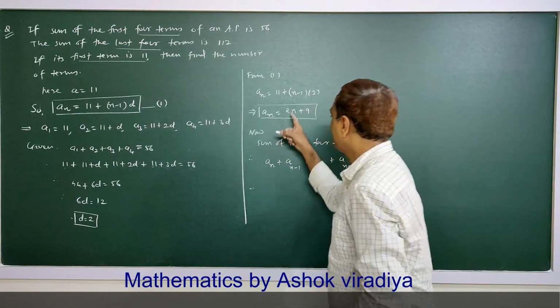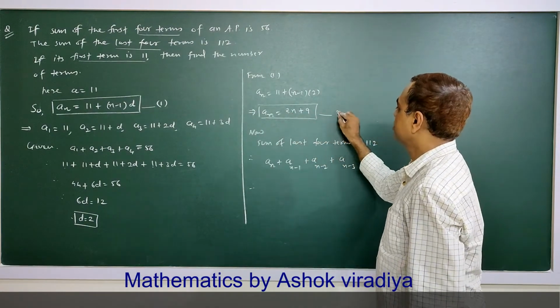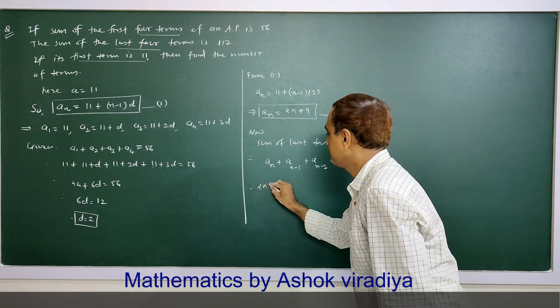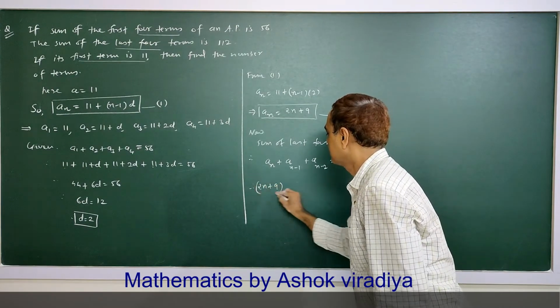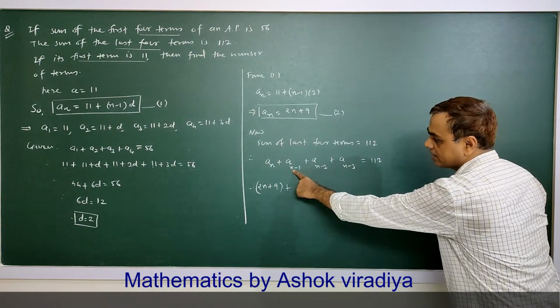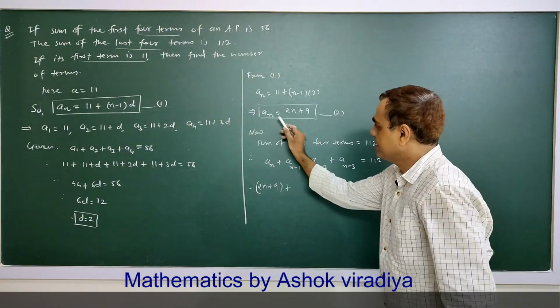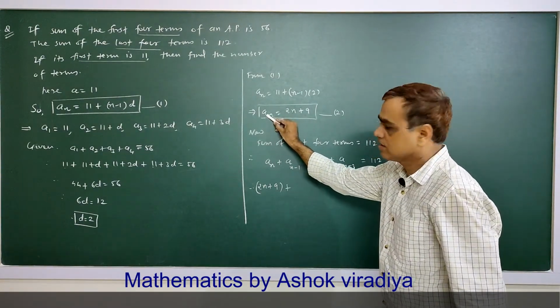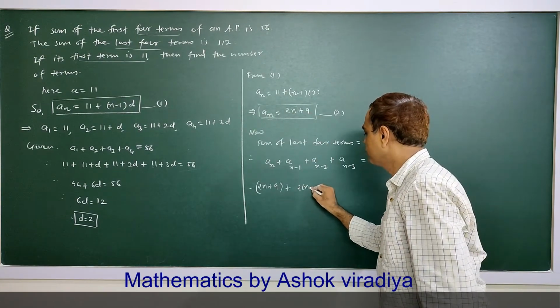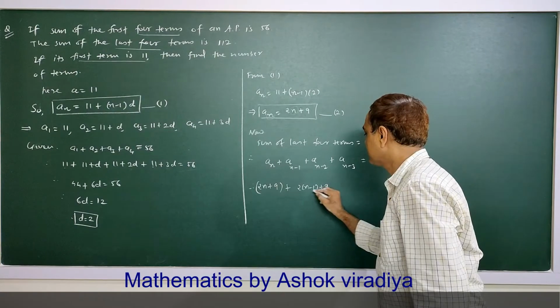Now from this equation, an is 2n plus 9, plus a(n minus 1). So I put n minus 1 here: 2 into (n minus 1) plus 9.